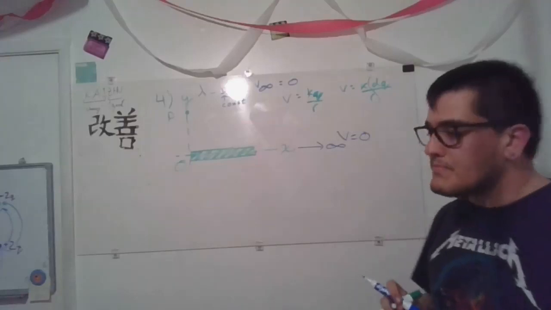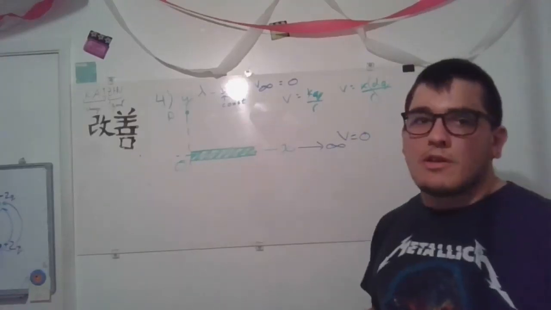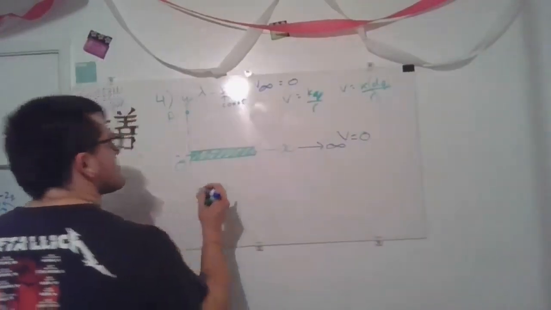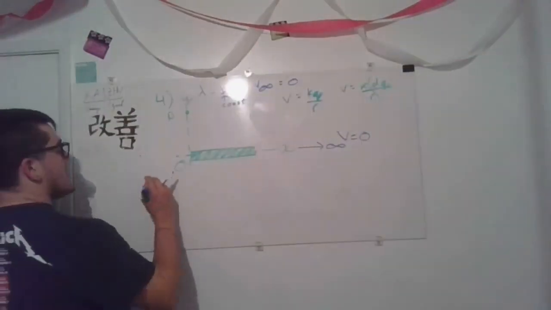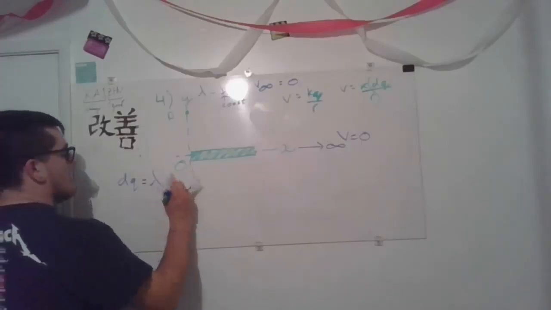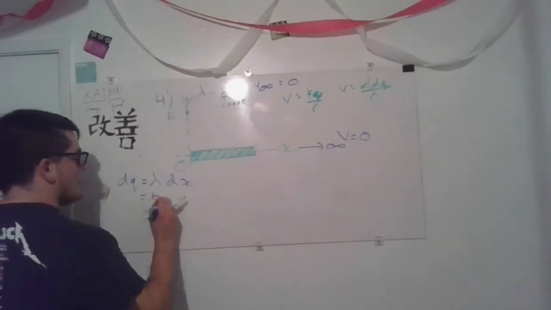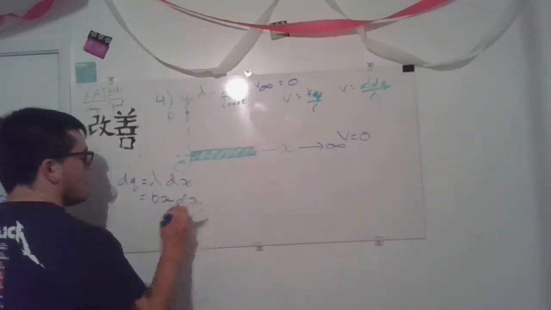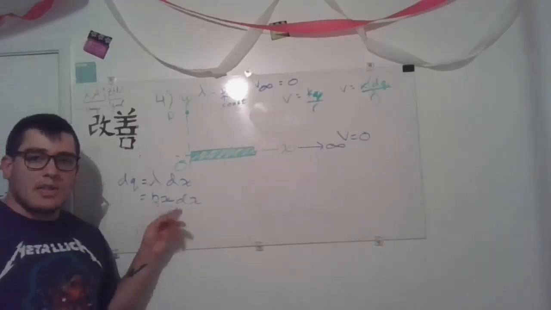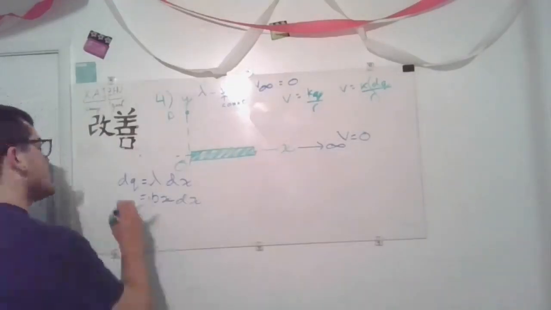Now this dq can be done the same way we know how to do the rest of it. So let's say dq is lambda dx. Lambda here is this, so bx dx. We already have our variables that we want. B is a constant, x is already in our domain, so we can just go from there.